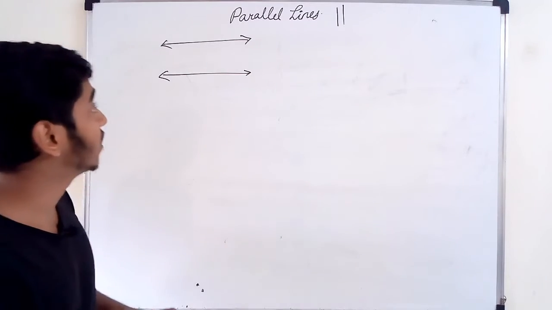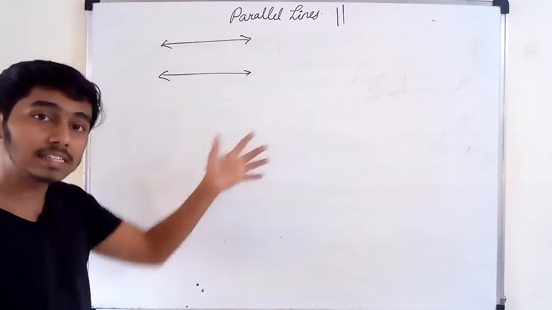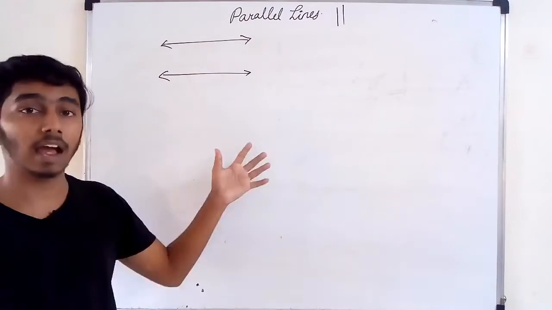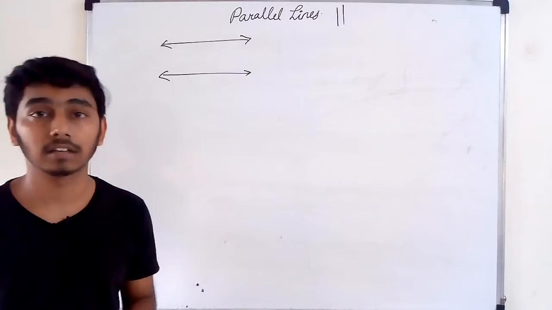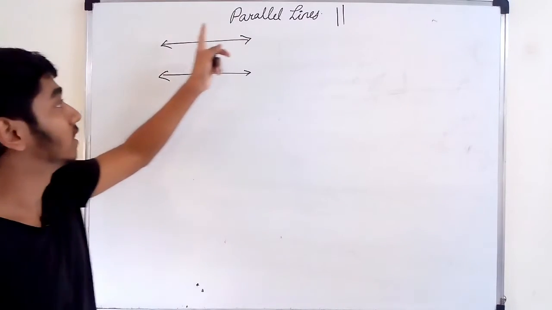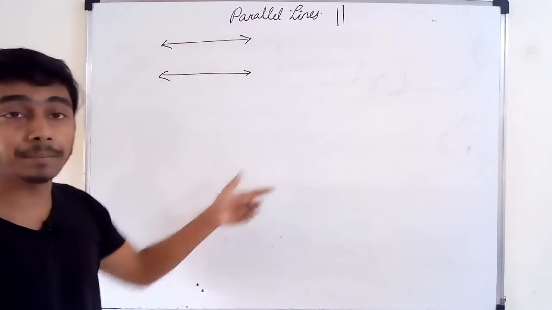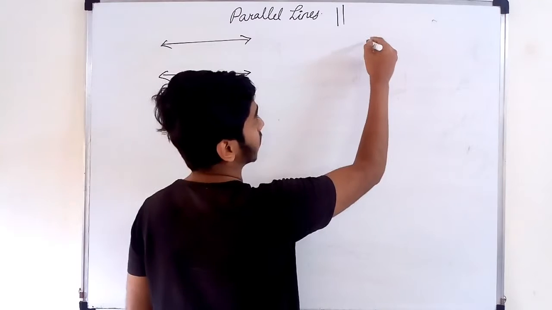So if the lines are coplanar, meaning if the lines are on the same plane, and they do not intersect, what does it mean? What is a parallel line? The lines which are coplanar, meaning on the same plane. So I'll write it here.